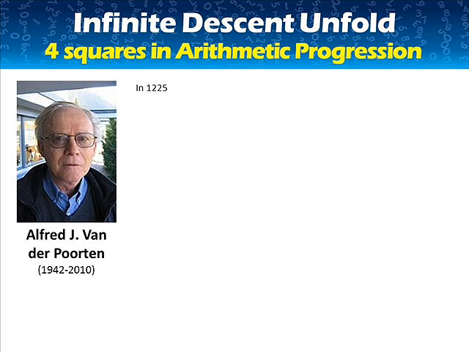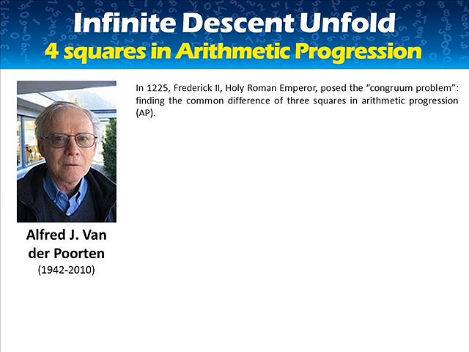In 1225, Frederick II, Holy Roman Emperor, posed the congruent problem, finding the common difference of three squares in arithmetic progression. The first non-trivial example is 1, 5 squared, 7 squared, since 5 squared minus 1 equals 7 squared minus 5 squared, which equals 24.